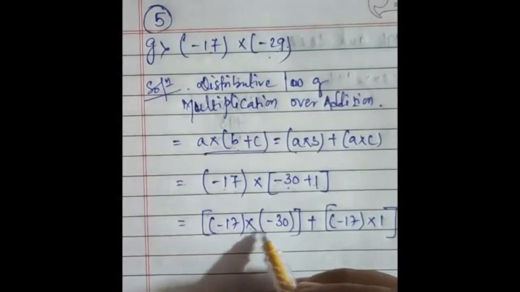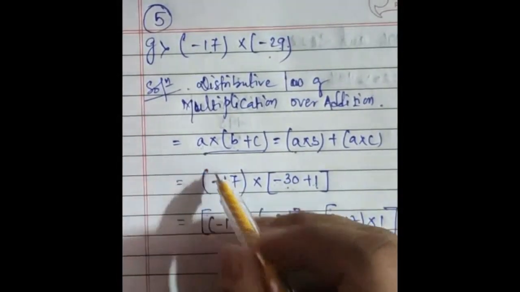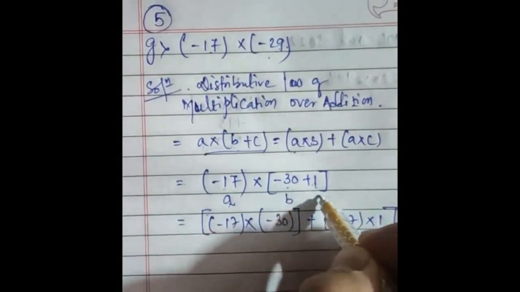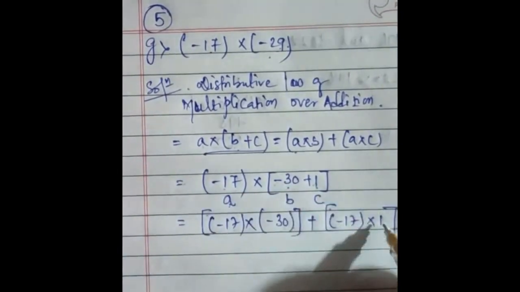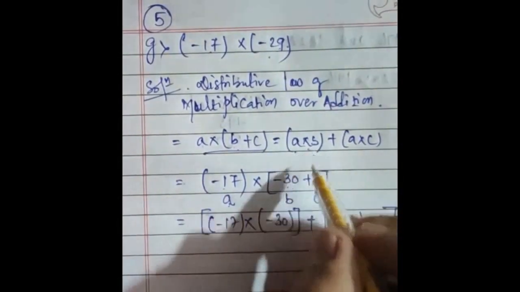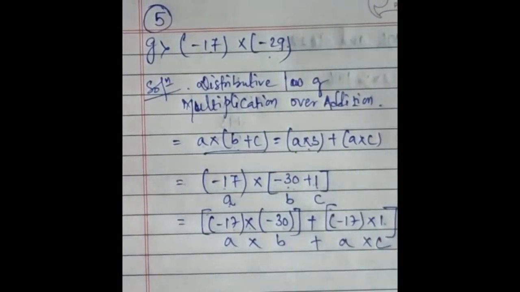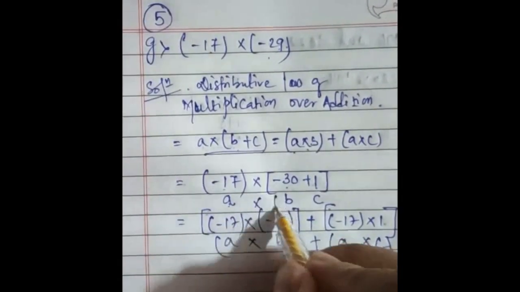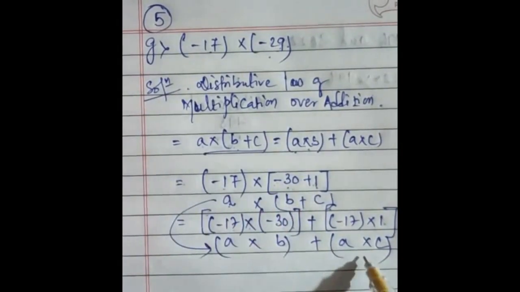To clear this, let me write, this is your a, remember, just watch this properly, this is your b and this is your c. Now a is minus 17, b is minus 30 and c is 1. In this form I'm writing a into b plus a into c. I have expanded this formula here and I have made this form.